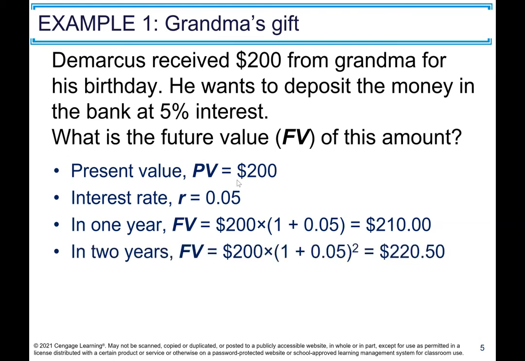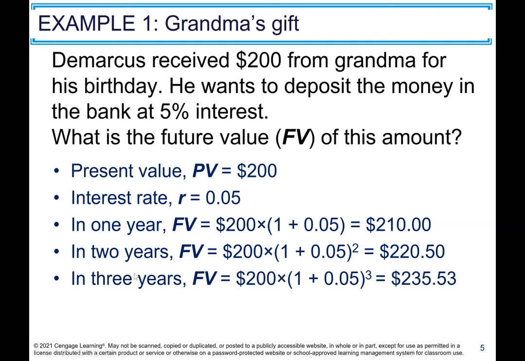In 2 years, FV is equal to 200 times (1 plus 0.05) raised to power 2, which is equal to $220.50. What about in 3 years?